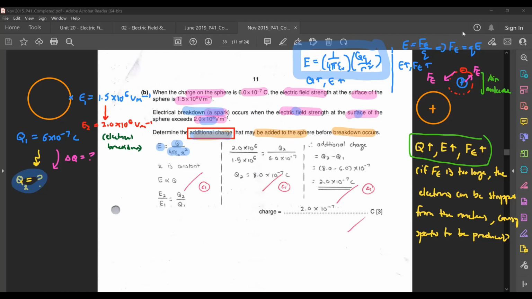Instead of writing it as R, I wrote it as X. Sometimes you may notice it being written differently. X or R, they're actually the same thing. They're referring to the separation. In your case here, your X is the separation between the center of the sphere to the surface of the sphere.